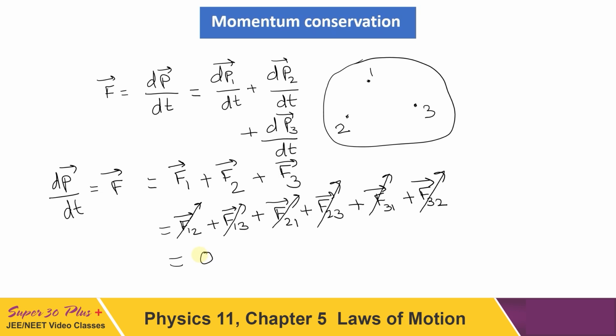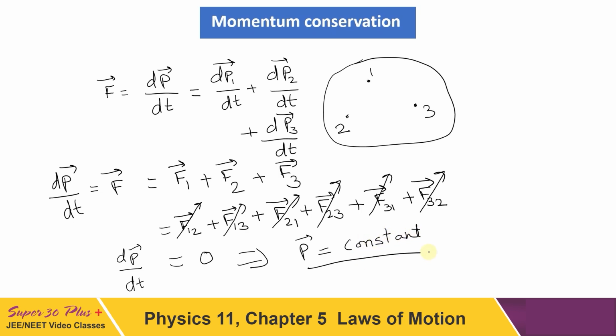So no external force is acting on the system, and whatever be the force on the constituent particles has to be internal force only among the particles. So the resultant force will always be equal to 0. That is from Newton's third law, and we can write that dp by dt is 0, and if it is 0 then this leads to p being constant. This is called momentum conservation.